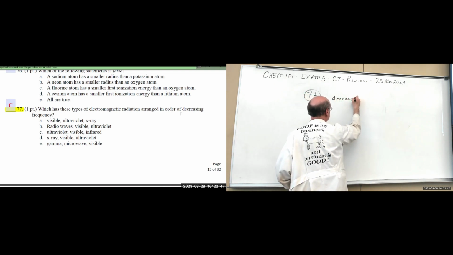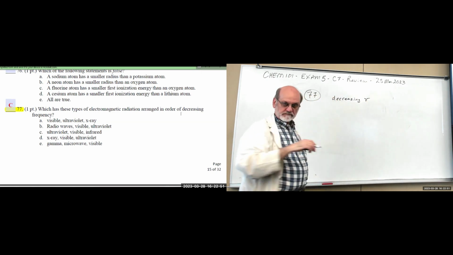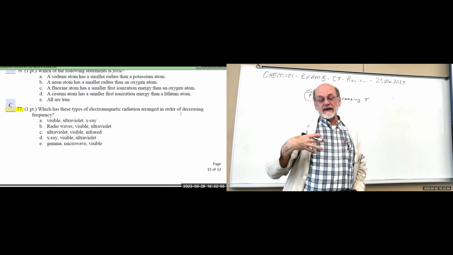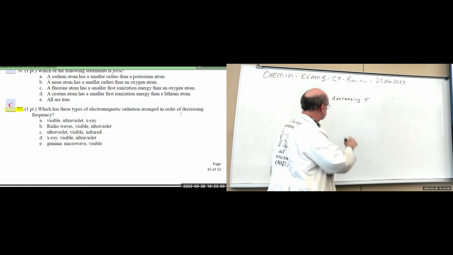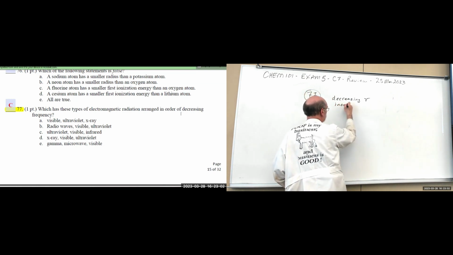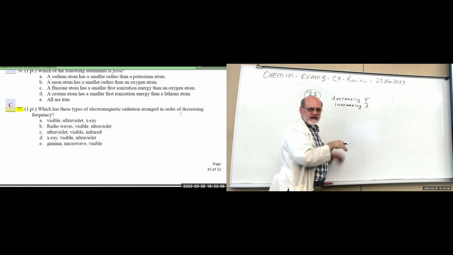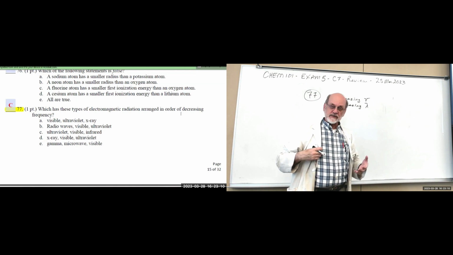Decreasing frequency. Okay, this is the way I look at it. Decreasing frequency means increasing wavelength. That's easier for me to understand. Increasing wavelength would be decreasing frequency.